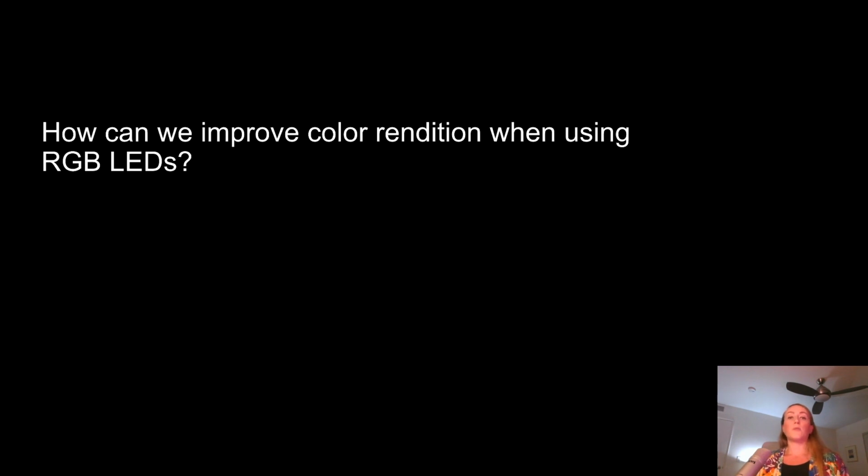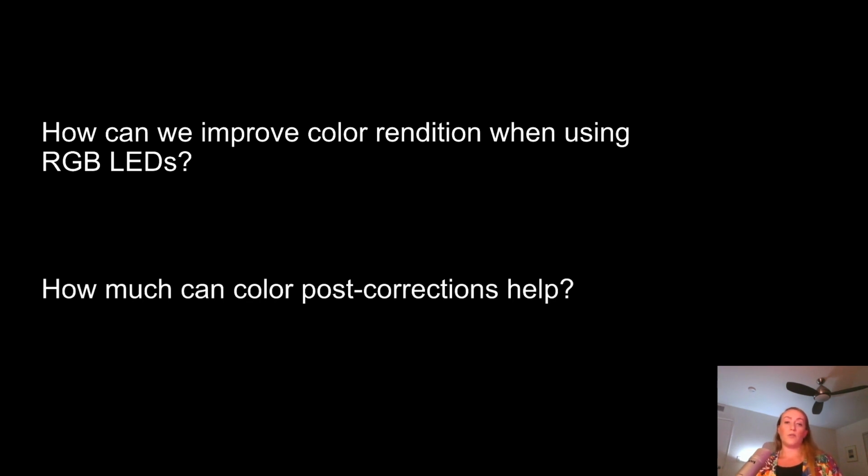So let's assume that we're going to leave the hardware the same. Now, if we time travel back to SIGGRAPH in 2016, when I first presented our work on the multispectral light stage, a very astute audience member who will go unnamed asked me, well, what if you allow for post corrections? Will that help improve color rendition when using only RGB LEDs?